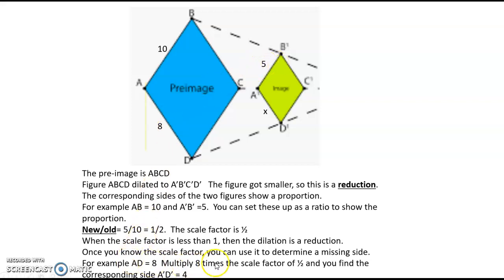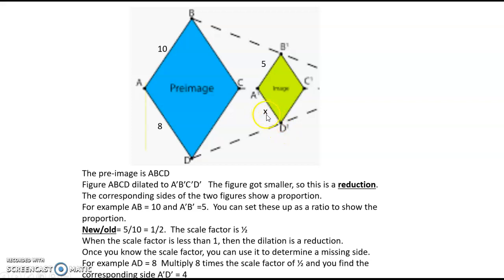Once you know the scale factor, you can use it to determine a missing side. For example, we have line segment AD on the original image is 8. If we want to know what that would shrink down to on the new image, we would look at A prime, D prime, and we have the X here.